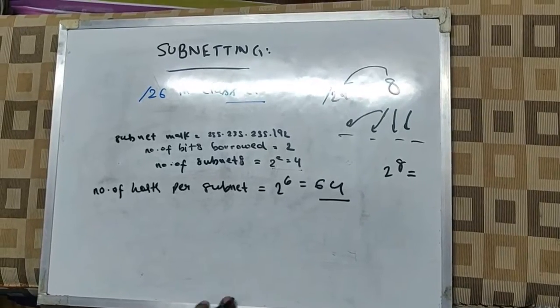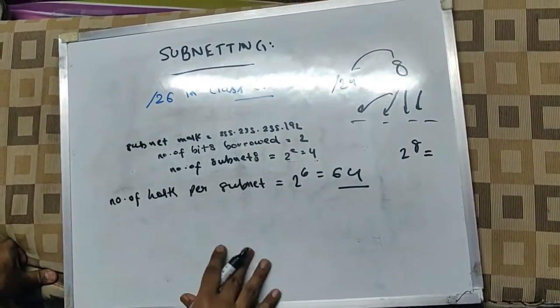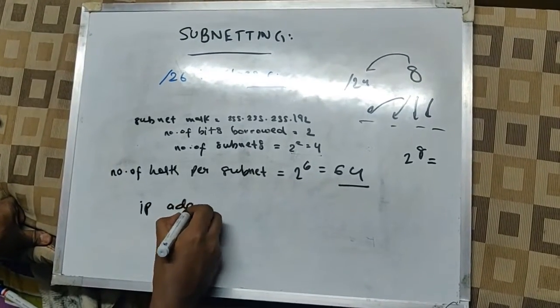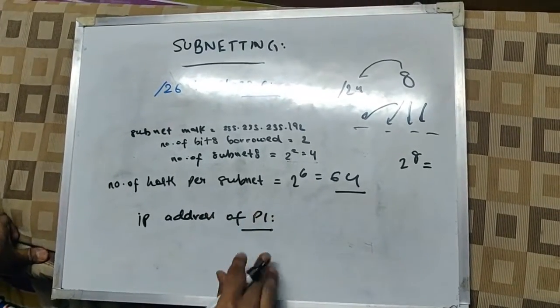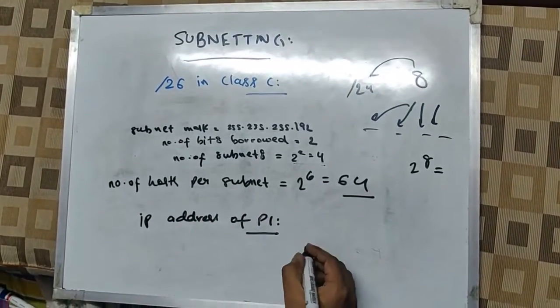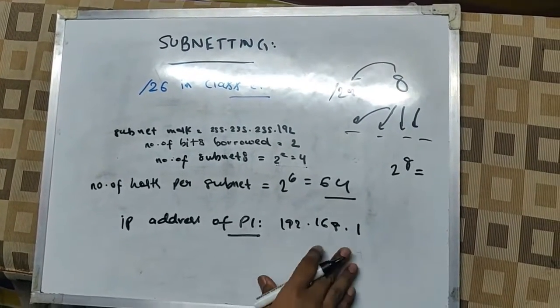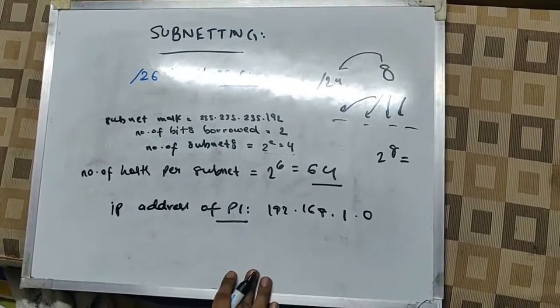The next thing is we will try to find out the IP addresses of each of the 4 parts. The IP address of part 1, or subnet 1, is going to be 192.168.1, so the original network part is the same, and then it will start with 0.